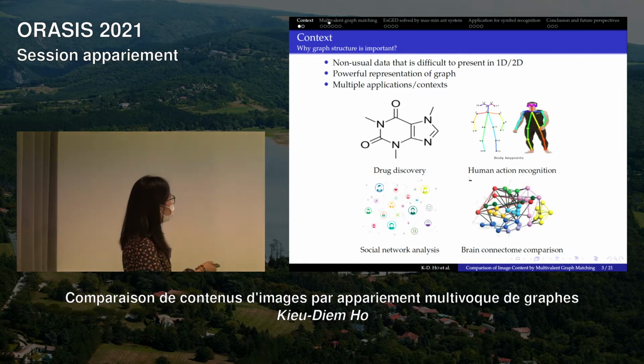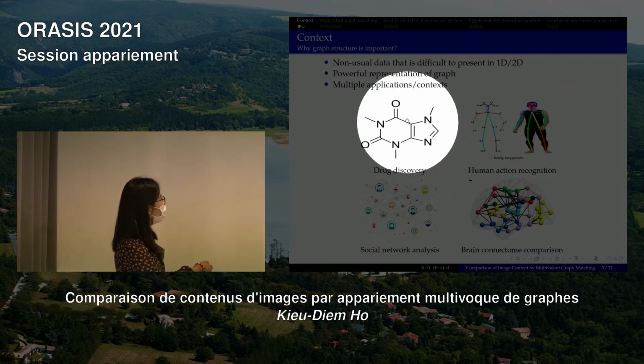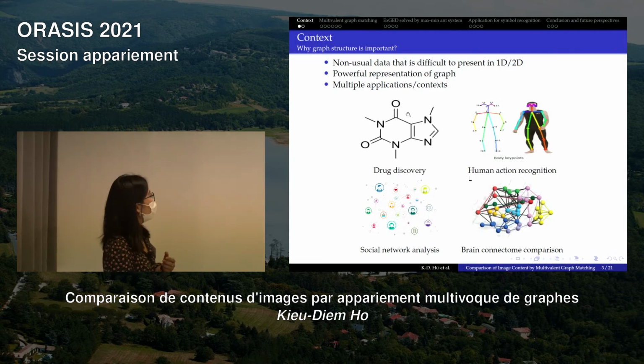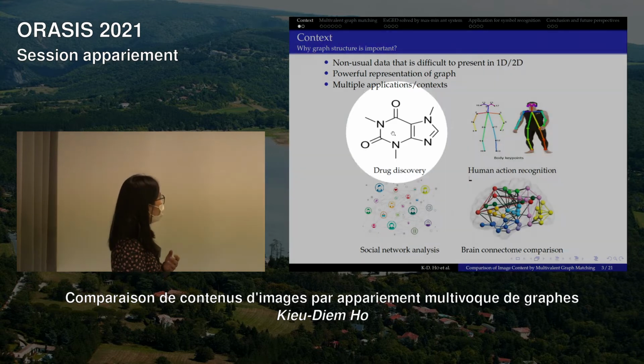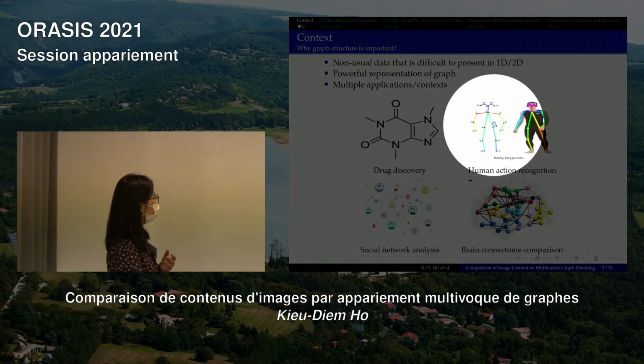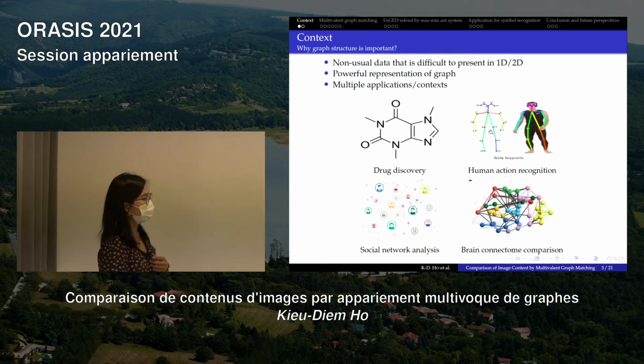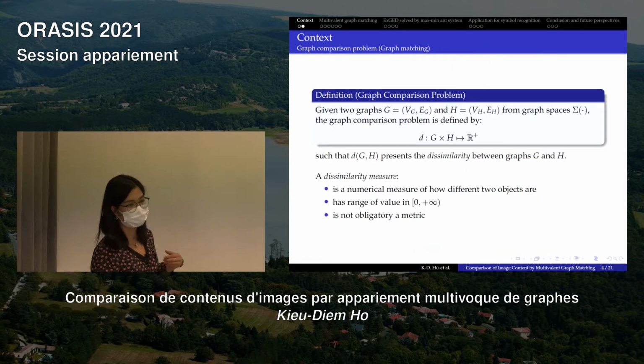For example, in drug discovery, the chemical compound is very similar to a graph structure, or in human action recognition, we can think the body skeleton is like a graph, where the nodes are the subparts of the body and the edges are their relation.